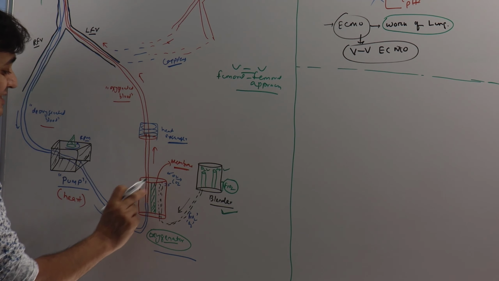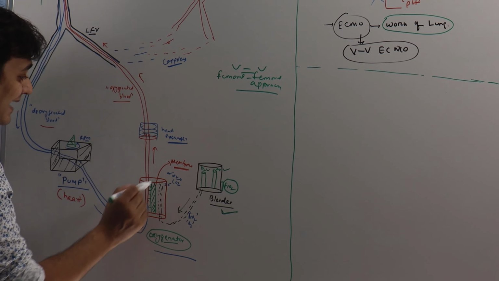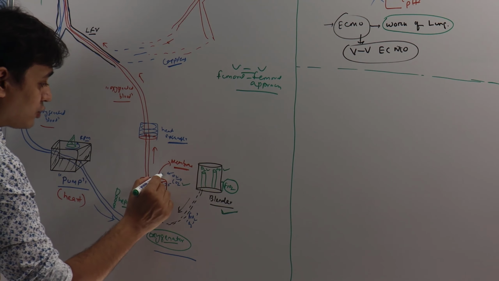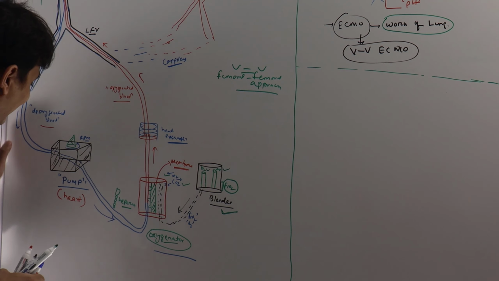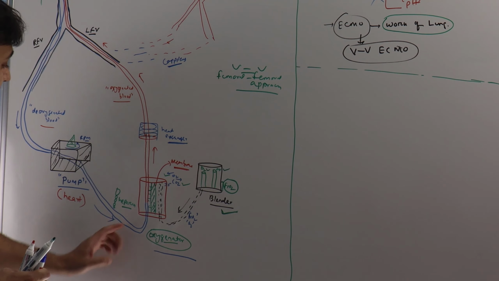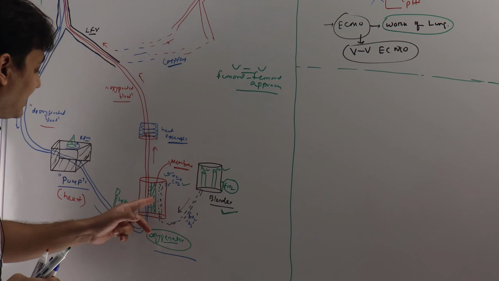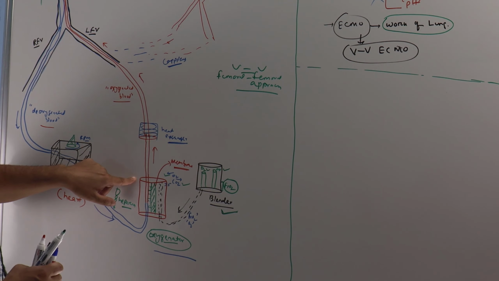So here the gas exchange will happen, and the carbon dioxide will be removed and oxygen will be put inside the blood. The deoxygenated, dark red blood will come here and get oxygenated, and bright red blood will come out of the oxygenator.